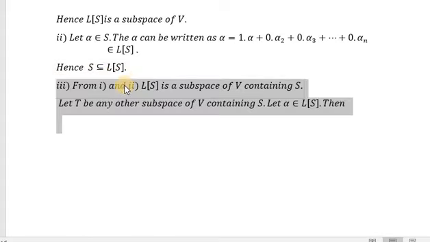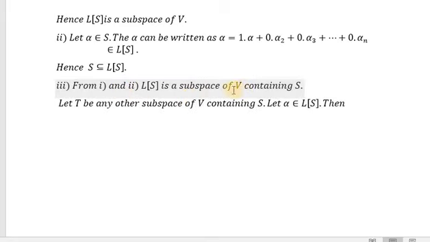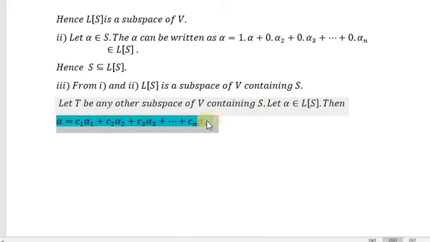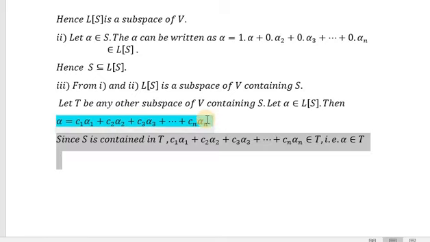Then third result, from 1 and 2 it is clear that L of S is a subspace of V containing S. Let T be any other subspace of V containing S, and let us consider alpha belongs to L of S. Then alpha can also be written as the linear combination of the vectors of S, that is C1 alpha 1 plus C2 alpha 2 plus C3 alpha 3, and so on, Cn alpha n.